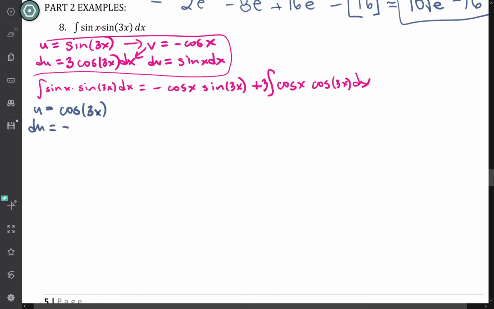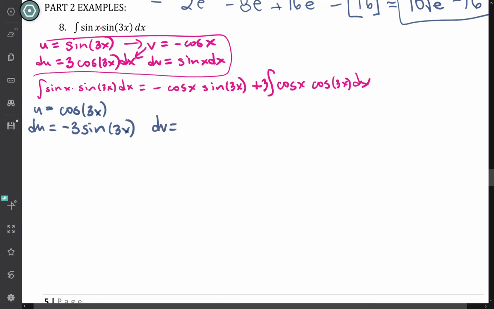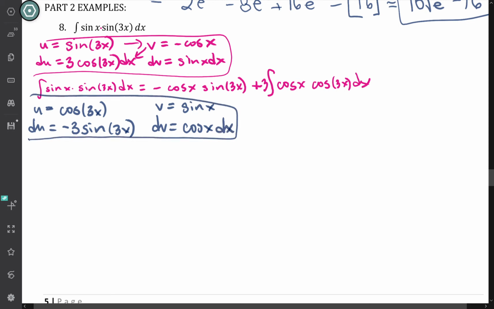Cosine, so it's a minus sign, and there's going to be an extra 3 from the chain rule. So the derivative of cosine 3x is minus sine 3x times the 3 from the chain rule. dV is going to have to be my cosine x, which means V is my sine x, and there's a dx down here. Okay, so there's a second by parts.